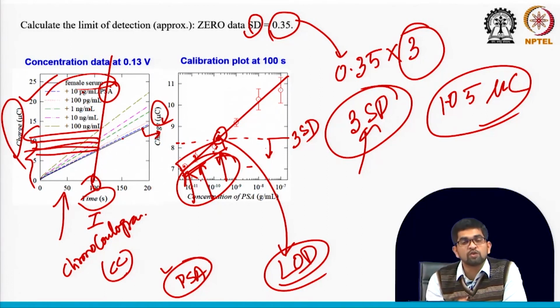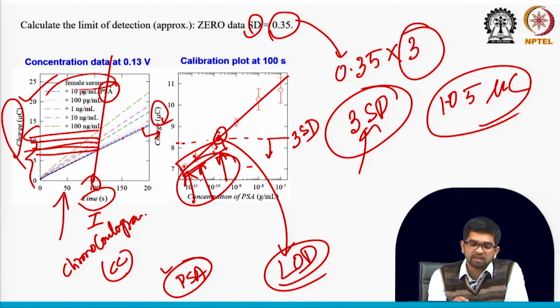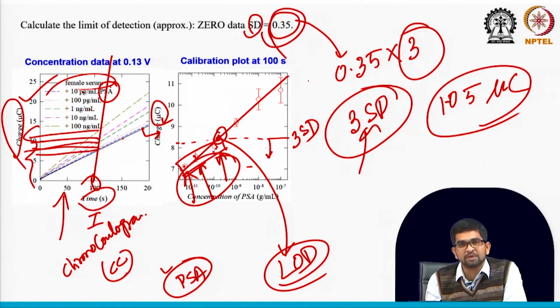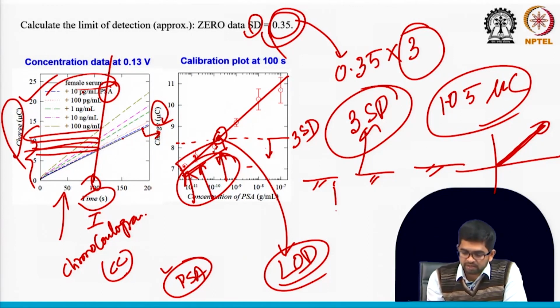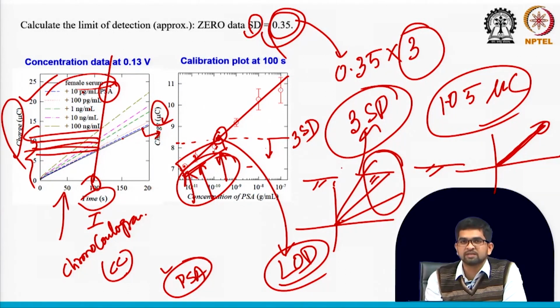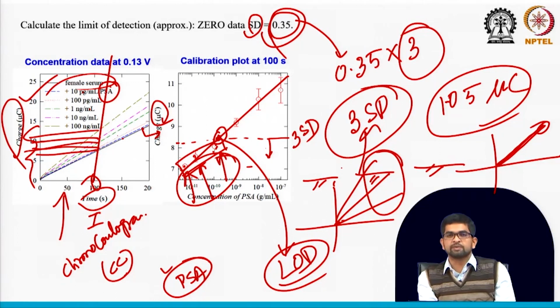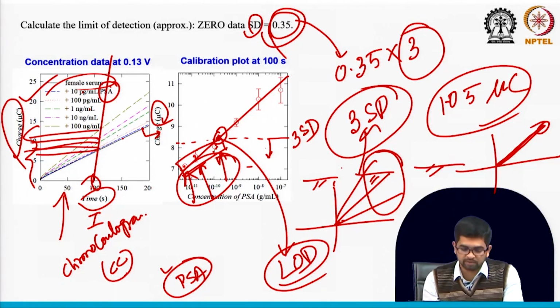If you want to make your sensor very sensitive, then your standard deviation should be very low. Once you develop 3 sensors, if their chronocoulogram data are very close to each other, then your sensor is really reliable because the deviation is very low. But if for the same concentration one is here, one is here, one is here, meaning large deviation, then your sensor is not reliable because it is not reproducible.